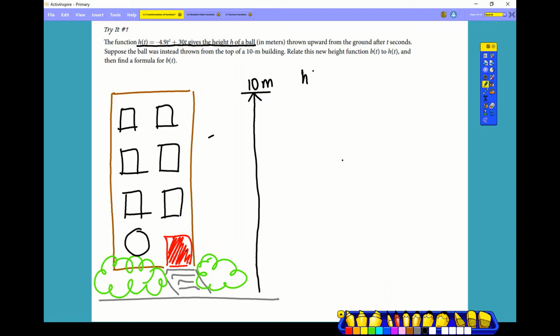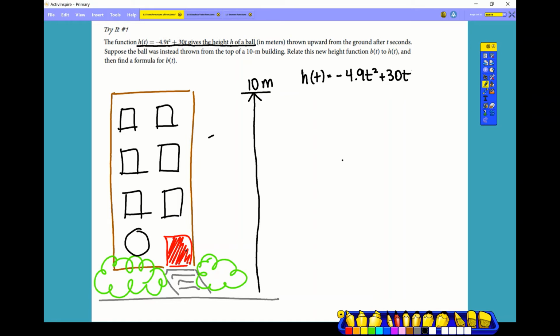So we have h of t equals negative 9t squared plus 30t. This is the height of a ball thrown upward from the ground after t seconds. So we want the ball thrown from the top of a building that is 10 meters tall.